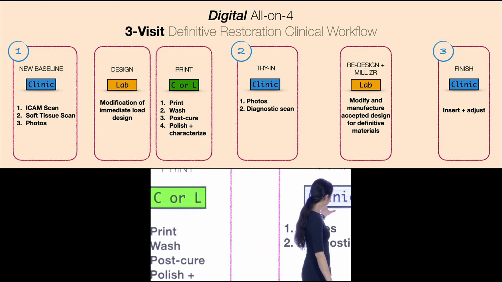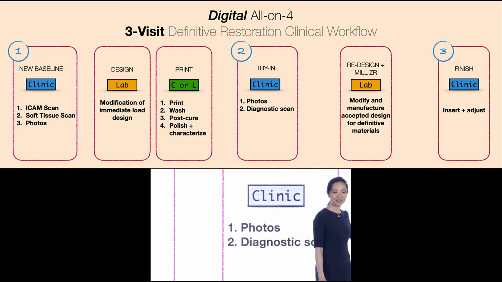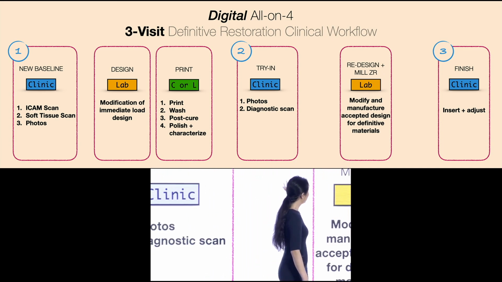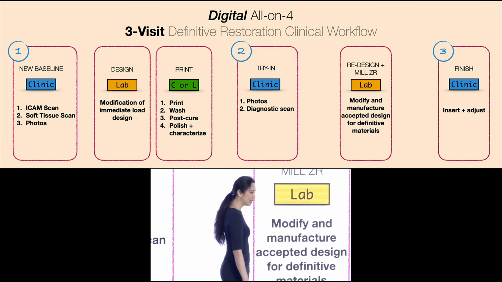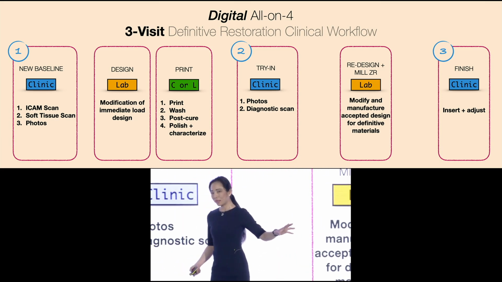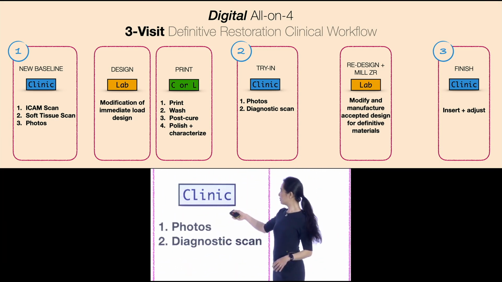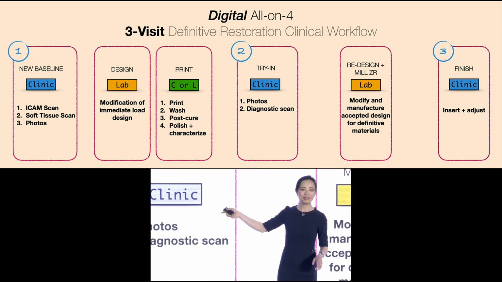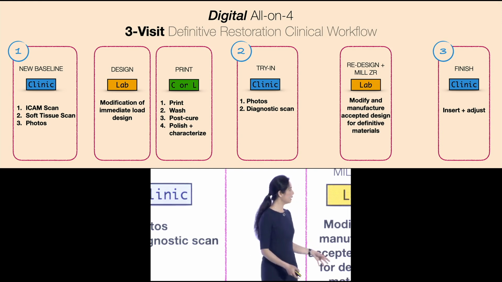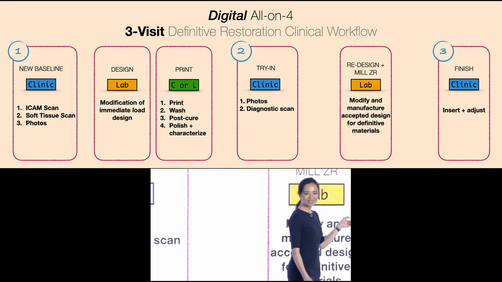At that point, we can bring the patient back in to do a try-in, take new photos, and a diagnostic scan, and once the patient's happy with their outcome, we can do a one-to-one in zirconia. Because guess what? With ceramic reinforced resins, we can design this try-in to be anatomically and intaglio-wise identical to the final.